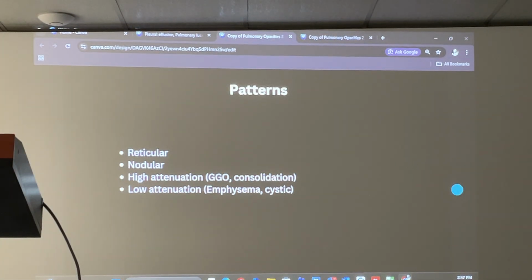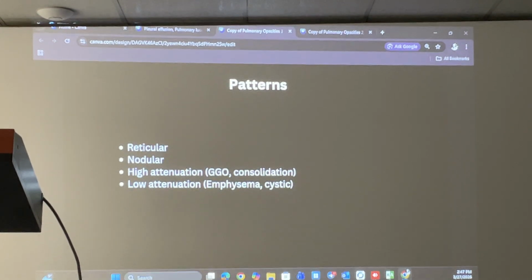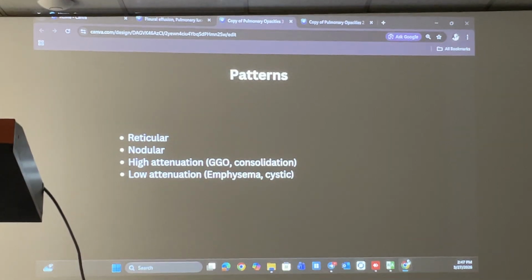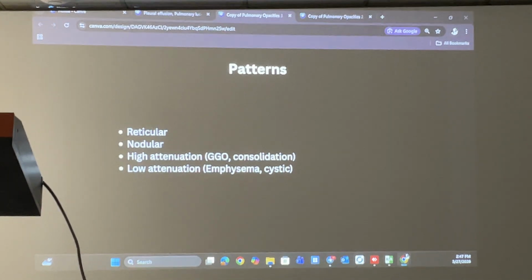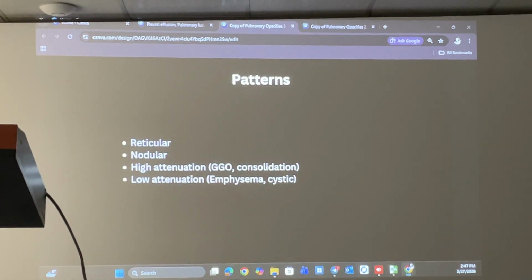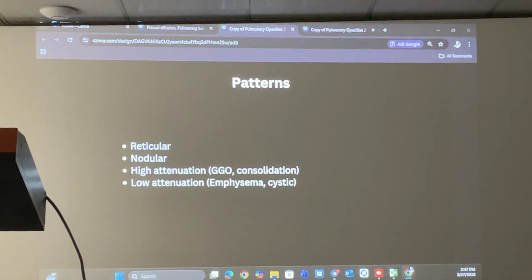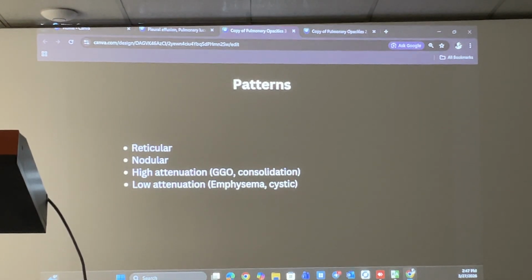Now, patterns. What is the dominant pattern? Reticular, nodular, high attenuation, which is seen on CT scans as ground glass plus calcifications, consolidations, or low attenuation, emphysema, or cystic and so on. So you should first of all recognize what is the dominant pattern.